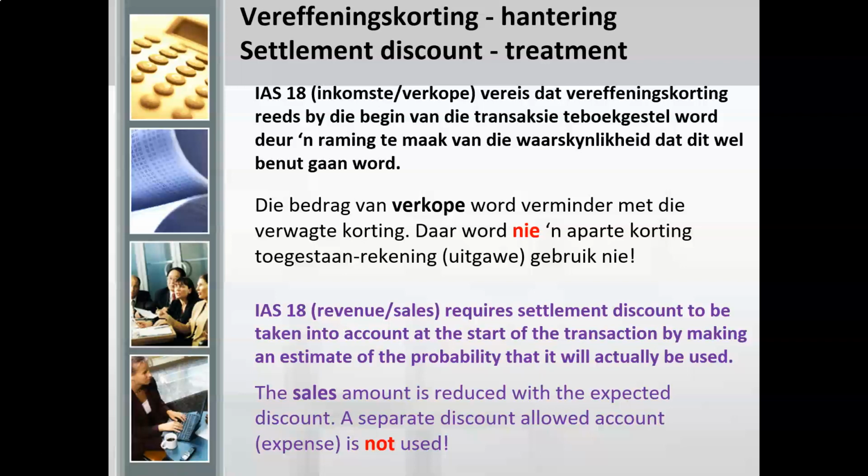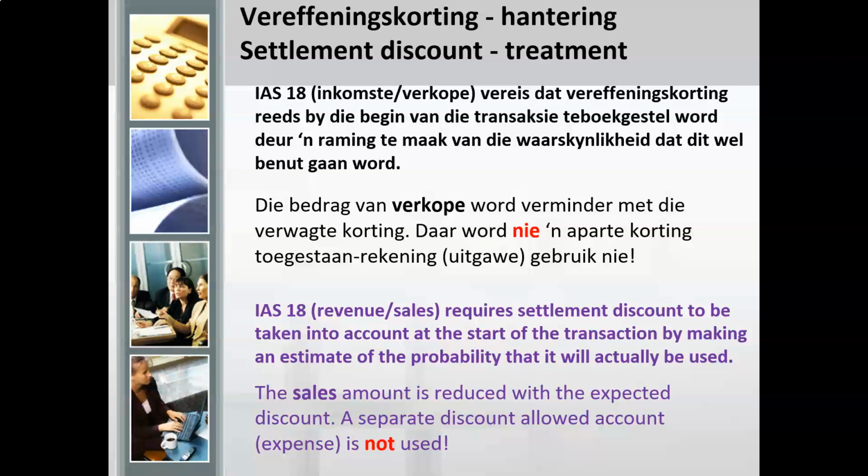Why do we deduct it from our debtors figure in the statement of financial position? Guys, because what is debtors? The amount for debtors that we show in our statement of financial position should be equal to the amount that we expect to receive from our debtors whenever they're going to make payment. Now, if the outstanding balance is 10,000 Rand on our debtors account, but we only expect to receive 9,500 Rand because we expect him to make use of the settlement discount, we can't show in our statement of financial position debtors 10,000 Rand.